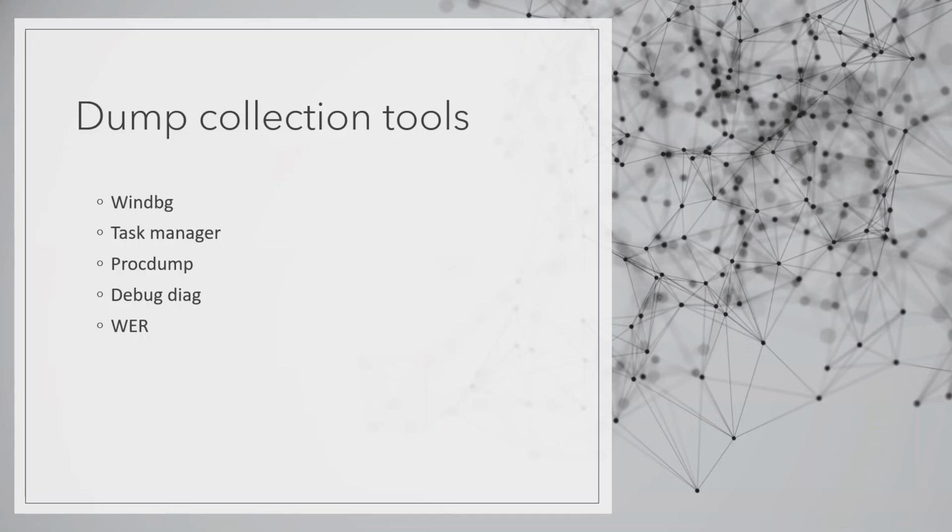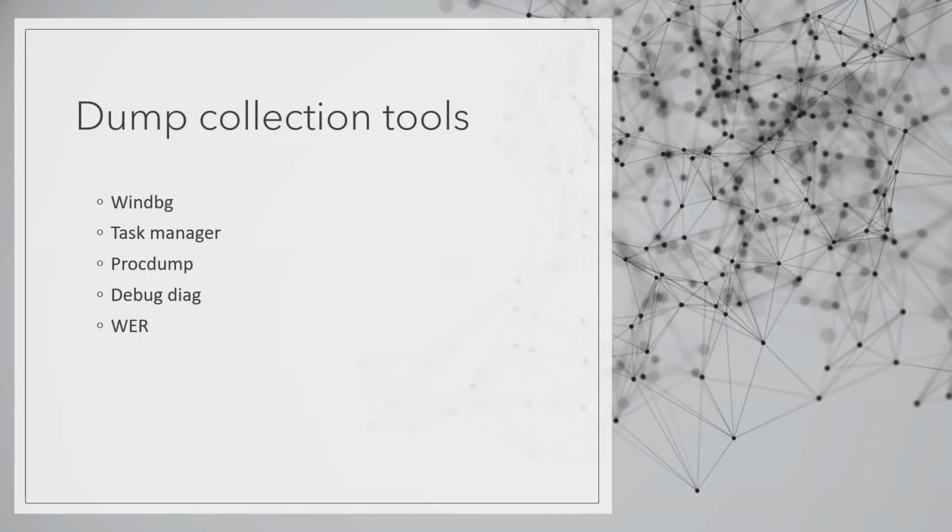Okay, so as I was talking about collecting a dump in post-mortem debugging and time travel debugging, how do you collect these memory dumps? You can use a lot of tools that are freely available on the internet.